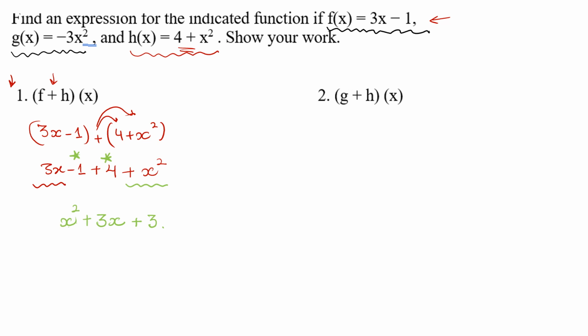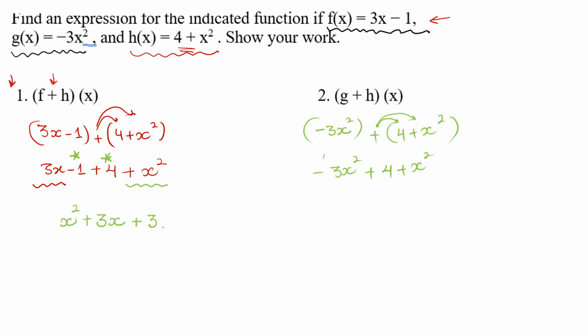Let's do another part, g plus h of x. The g function is negative 3x square. Put it in the bracket, then plus the h function, which is 4 plus x square. Now open the brackets. Minus 3x square as it is. Here there is a plus, so open the bracket with the positive sign. When we open with the positive sign, the function sign remains the same.